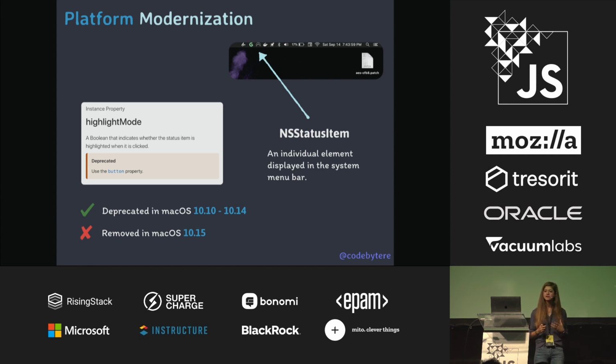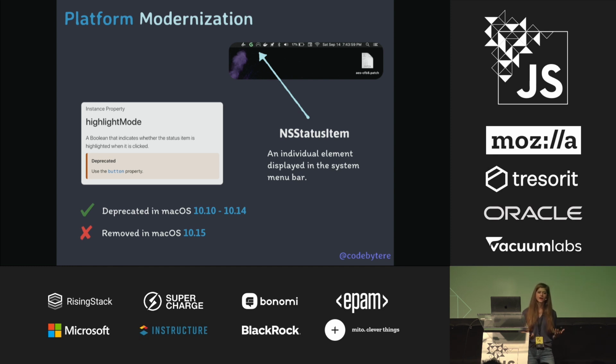Electron exposes a module that enables you to create and control individual instances of these elements through the tray module. From the very first release of macOS until 10.14 Mojave, developers could use instance properties on these NSStatusItems to customize their appearance and behavior.